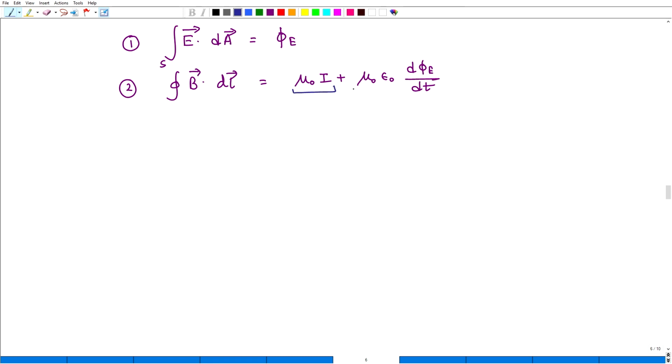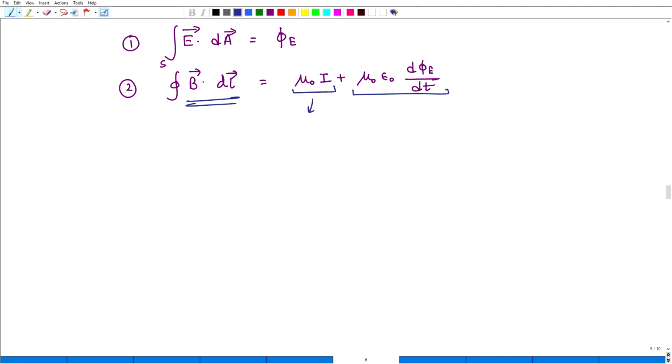This is one part, this is another part. If we focus on this part, then if current flows there will be a non-zero I, and then a magnetic field will be produced. And the second part is if there is an electric flux or electric field which is changing with time, then also a magnetic field will be produced.